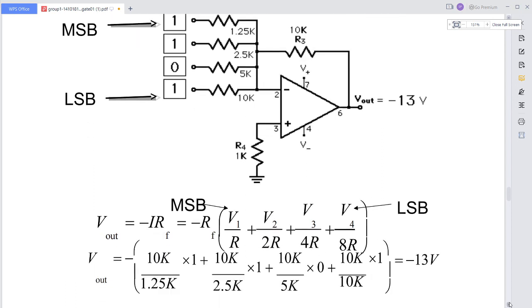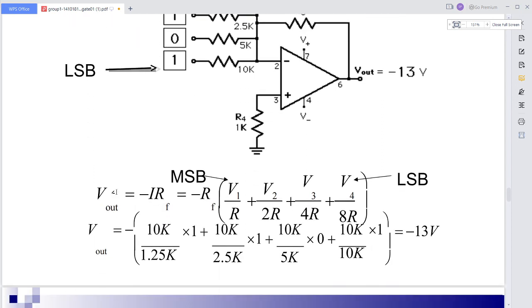Now I am going with the Vout. Vout is equal to, what is the formula? Just now I explained from Ohm's law, Vout is equal to I into R, but this operational amplifier is operating in the inverting mode, so we make use of a negative symbol: Vout is equal to minus I into RF, which is minus RF times V1 by R, V2 by R, and so on. RF is the feedback resistance.